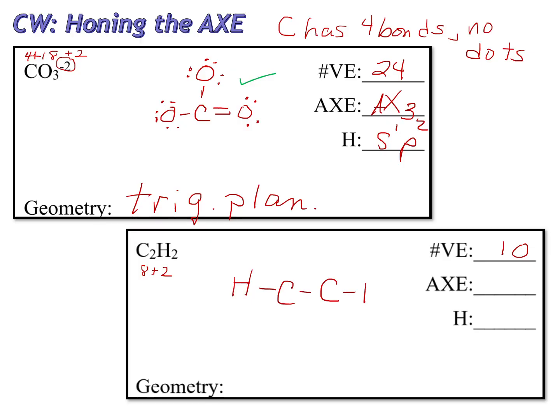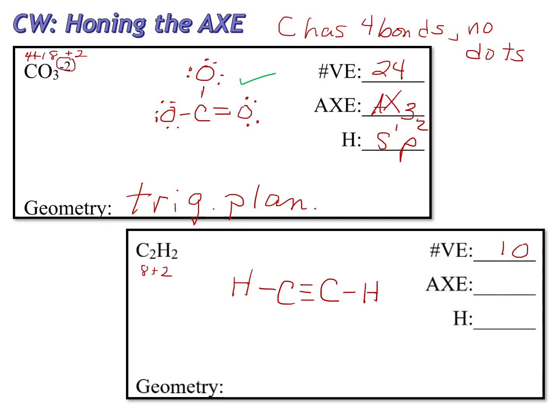When in doubt, make it symmetric, because that gives you the most stability most of the time. So hydrogen, as soon as you make a bond to it, it's done. It's one of the exceptions. Carbon needs to have 4 bonds. We've got 1, 2 on that carbon. So 3, 4. 1, 2, 3, 4. So both carbons have 4 bonds to them.